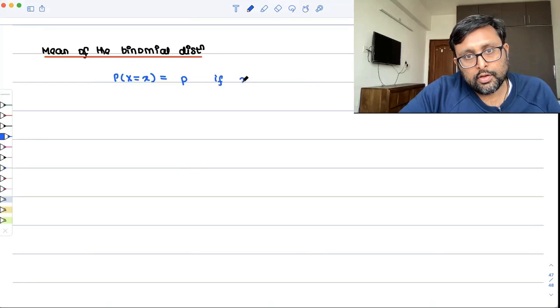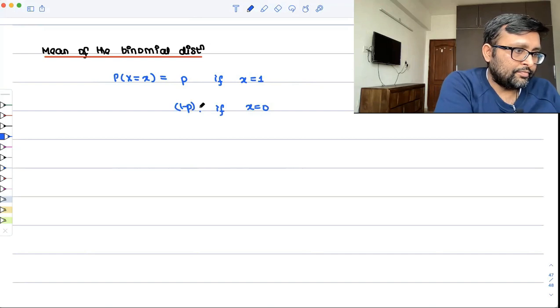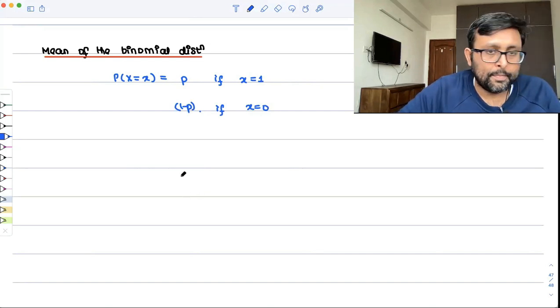If x is equal to 1, that is a success. If x is 0, that is a failure.